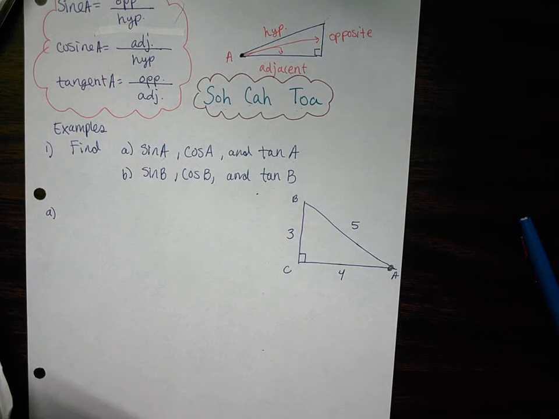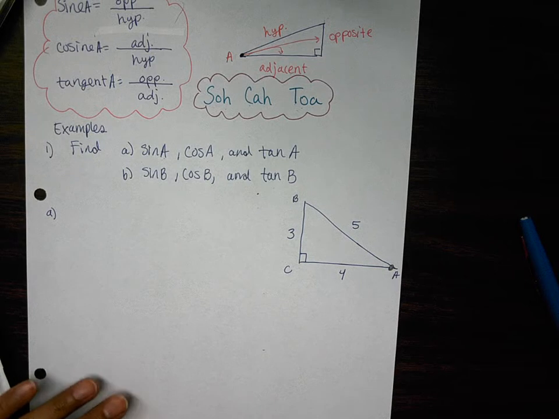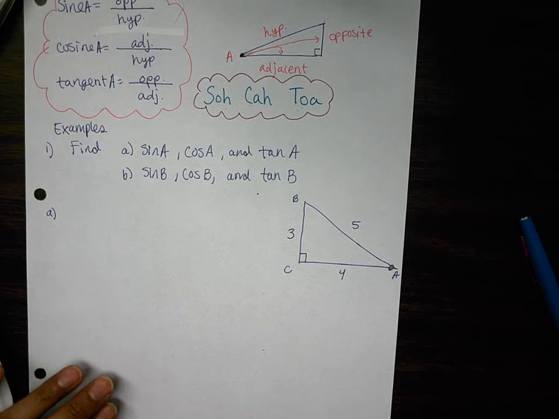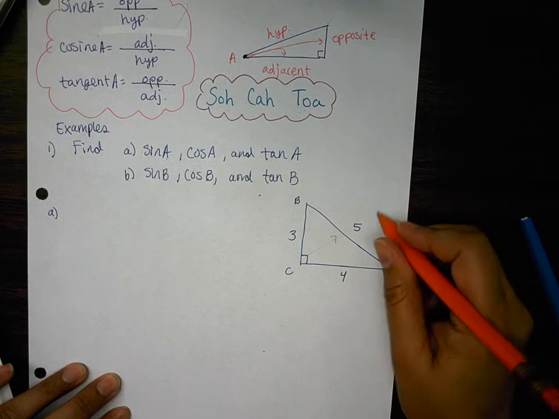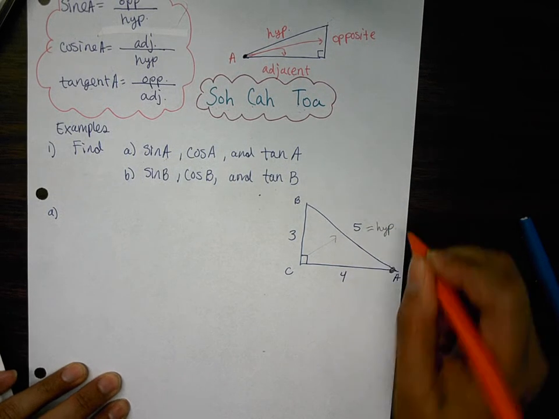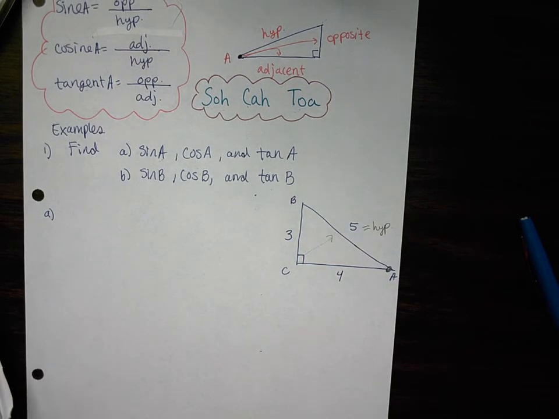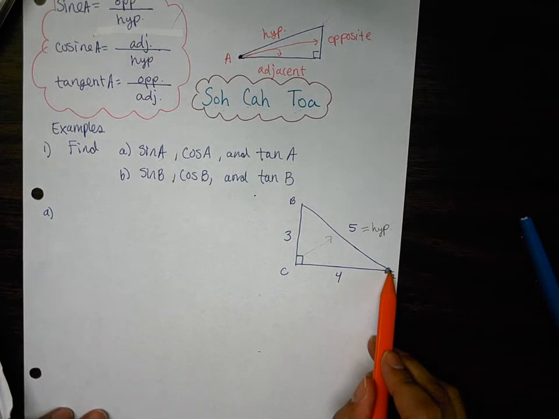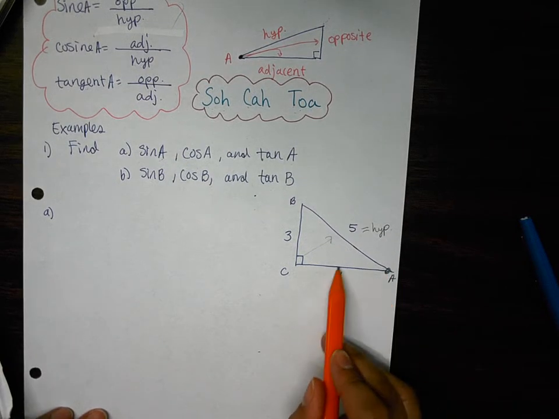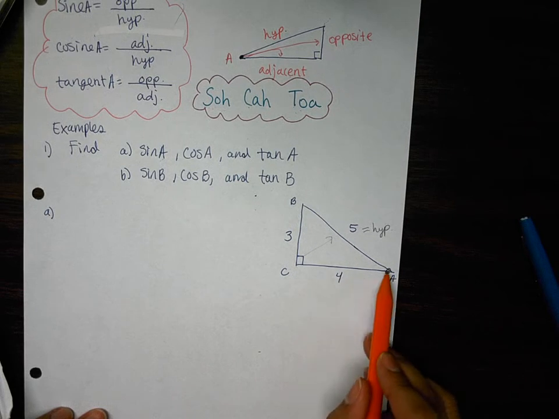Okay, regardless of where I'm sitting, which side is my hypotenuse? Opposite the 90, what's the value? So this is the hypotenuse. That one I could write in pen because it's not going to change. Okay, now sitting here at the A, what is the 4? Opposite or adjacent?